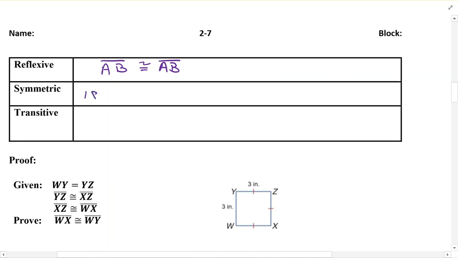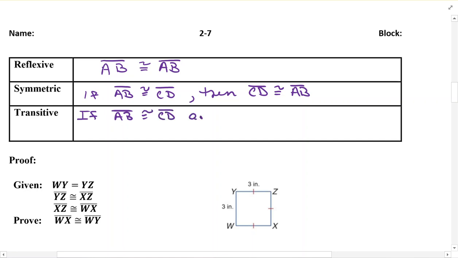Symmetric says that if AB is congruent to CD, then CD would also be congruent to AB. And transitive, if AB is congruent to CD and CD is congruent to EF, then AB is congruent to EF.